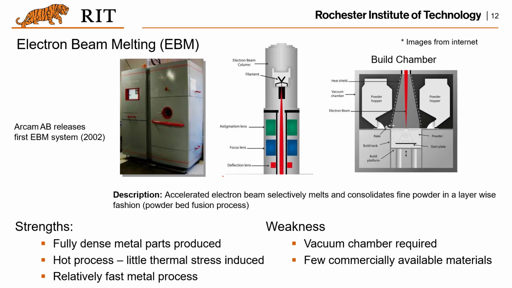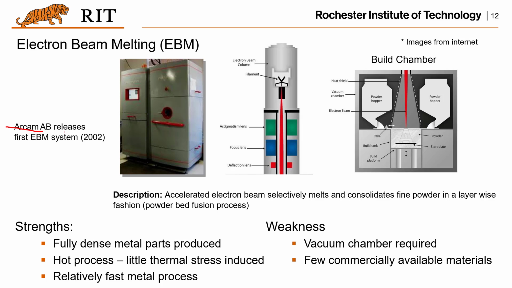Another process is electron beam melting, and here is a machine from Arcam. This company was originally established in Switzerland and is now acquired by GE Additive. It uses electron beams instead of lasers to melt the material.